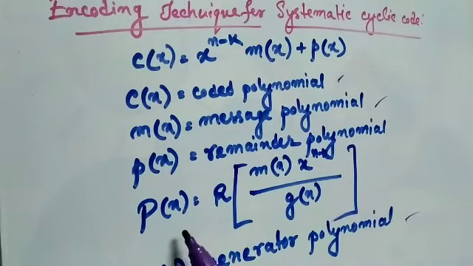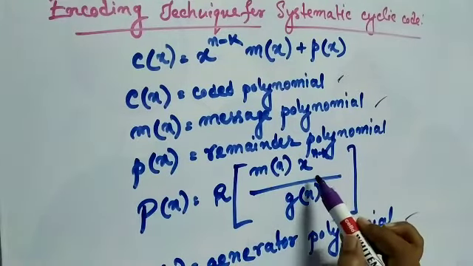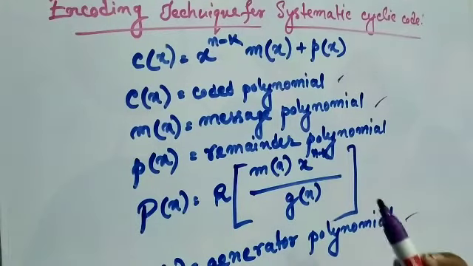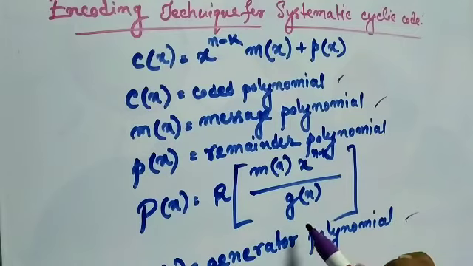The remainder polynomial, that is px, will be calculated when mx and x to the power n minus k are multiplied first, then divided by gx, that is the generator polynomial, and the remainder is calculated. Then we get this.